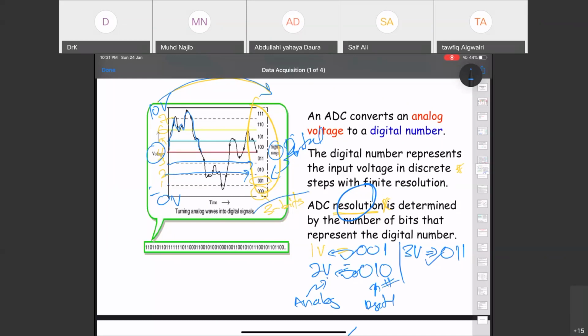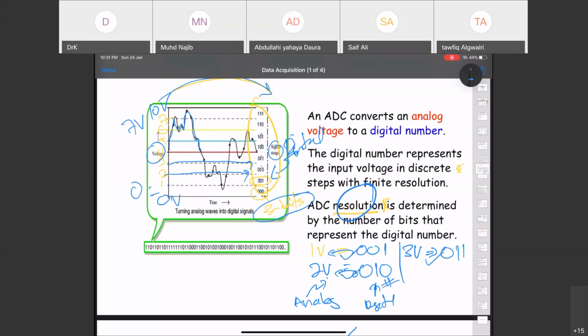This is 3 bits, 3 resolution. When I use 3 bits, I can only have 1, 2, 3, 4, 5, 6, 7, 8. So I can only get 8 levels. For example, here 0 to 7 volt.